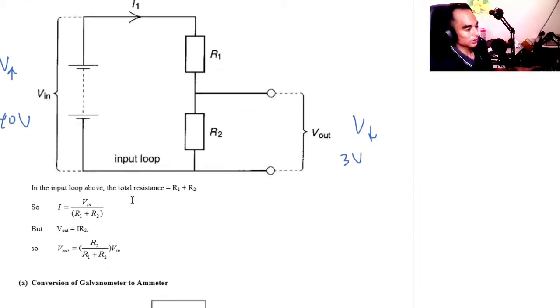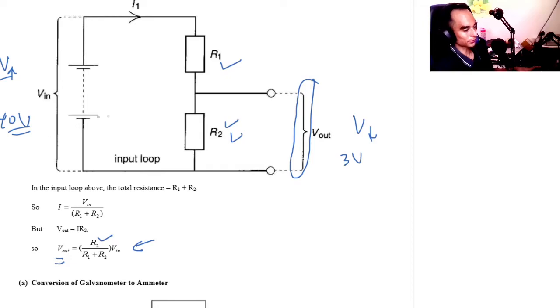You can use the voltage divider formula: V out, how much the V is at this side, equals R2 divided by R2 plus R1 times V input.